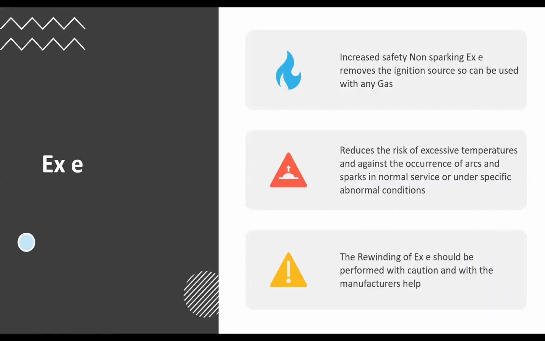So EXE is increased safety non-sparking. It removes the ignition source. So if it has no ignition source or ignition capabilities, it can work with any gas. It reduces the risk of temperatures, and this is the temperatures anywhere on an EXE, inside and out. Remember, the inside temperature has to be maintained because it's not allowed to cause an explosion inside due to heat, unlike an EXD.